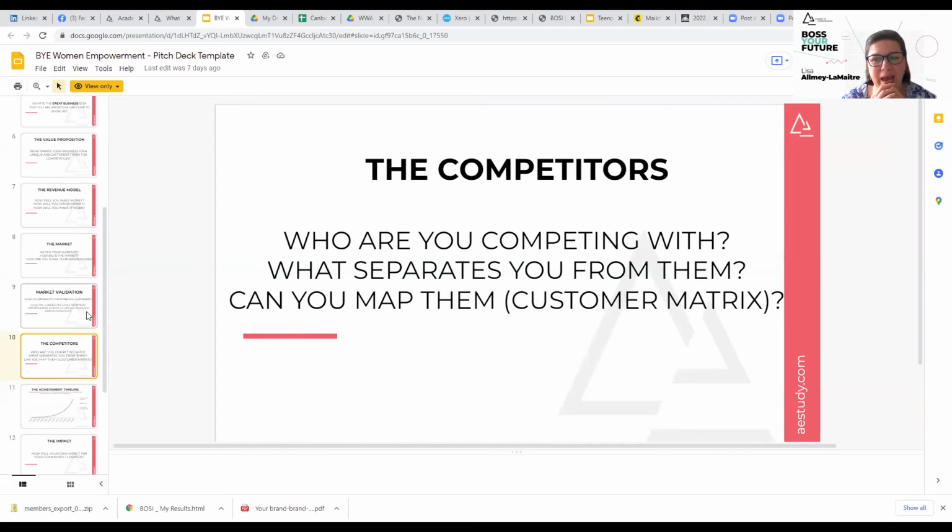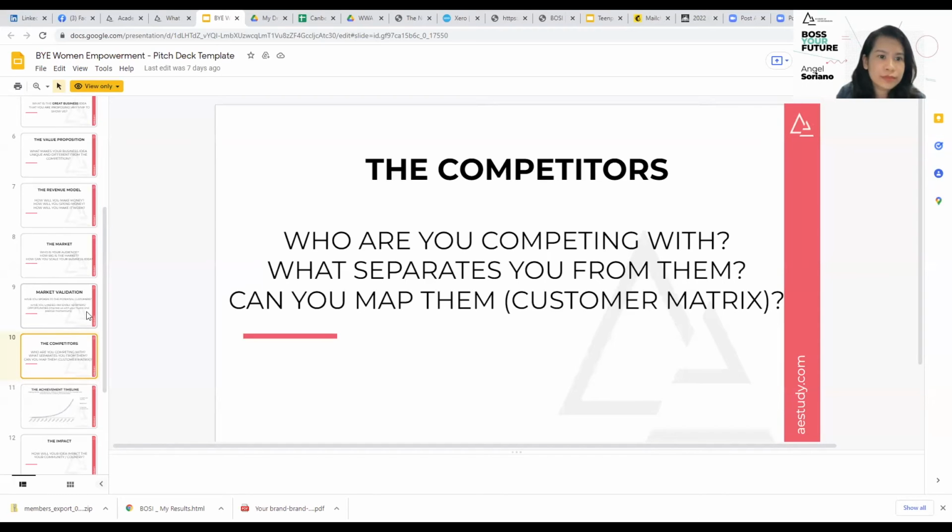If you were going to bring out a new chocolate bar for sports people, that's a smaller market than a chocolate bar that anyone can eat, or a chocolate bar for vegans, or for people that are gluten-free. The market is smaller, so the more refined you are in who your target audience is, the easier it is for you to do your competitor analysis.